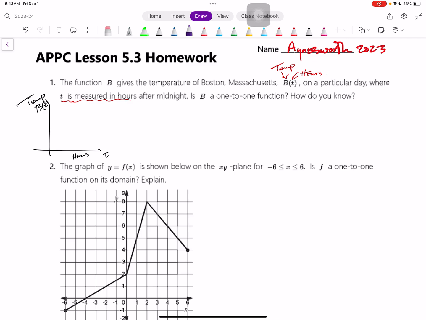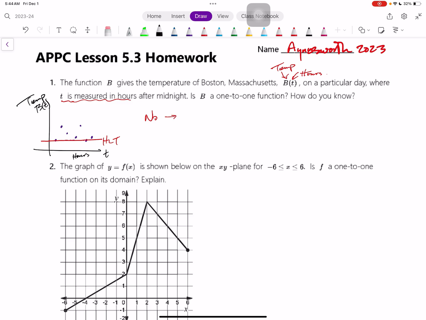I don't care what the units are, it could be here at 1 hour after midnight, then up here, and then over time it could be the same temperature right there, and then it might go up and be the same temperature as that. So even though the temperature fluctuates, it's possible to have the same temperature at different times of the day. That is not a 1-1 function because it fails the horizontal line test. So I'm going to say no.